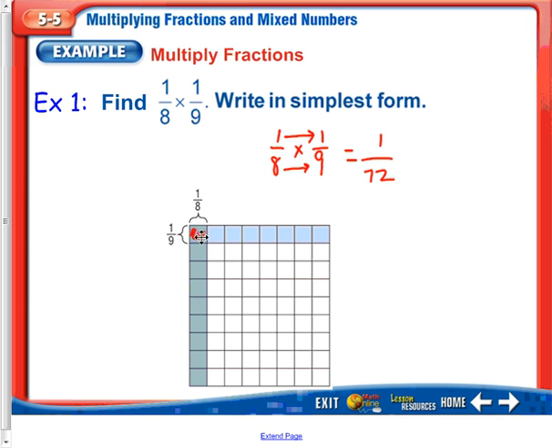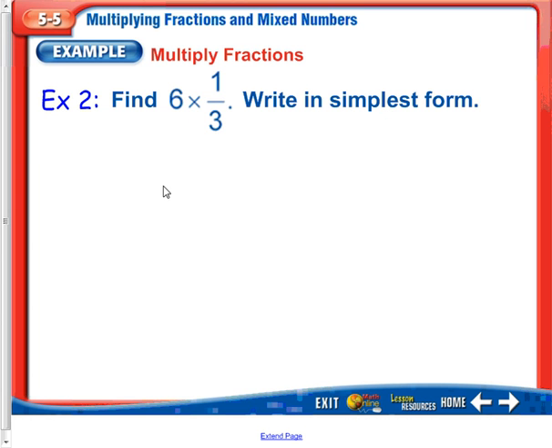Now I have a total of an 8 by 9 rectangle, which is 72 boxes. And when I only take 1/8 times 1/9, that just gives me 1 out of 72 boxes shaded in. So that's kind of what's happening up here. When we multiply, we get that 1 over 72.